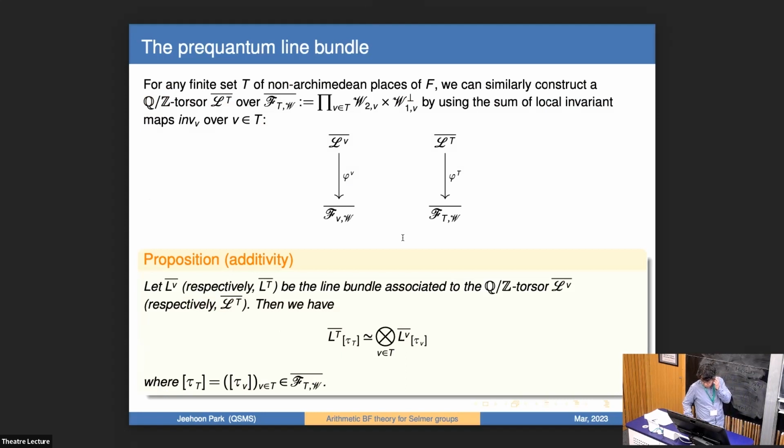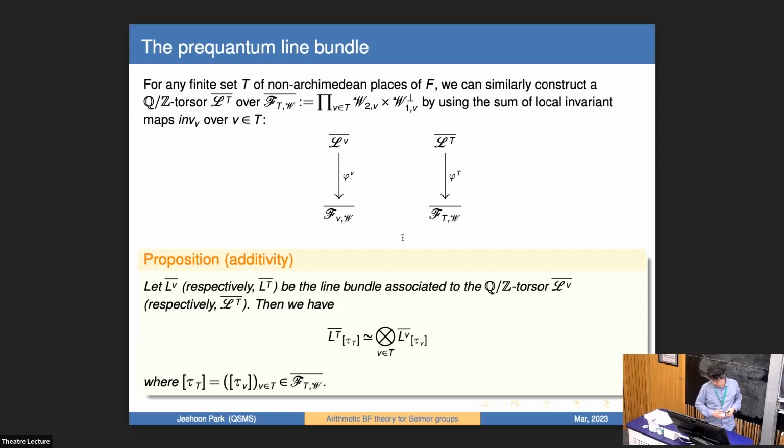Right. So this is a summary. We have this Q mod Z torsor of F_V W bar, and then you can do this construction with respect to the finite set of primes, like in T, using the sum of the local invariant maps. You can do a similar construction, and then you have a torsor over F_T W bar.